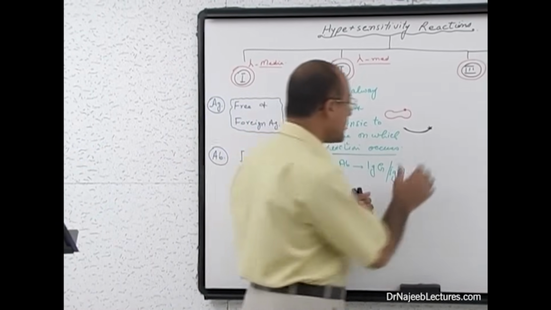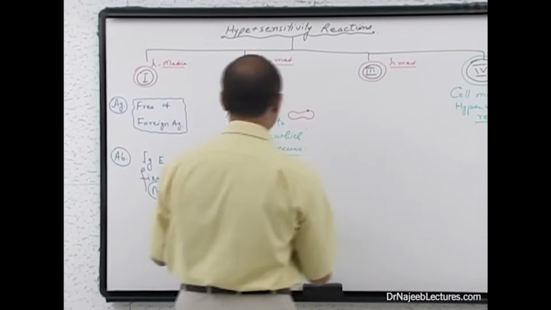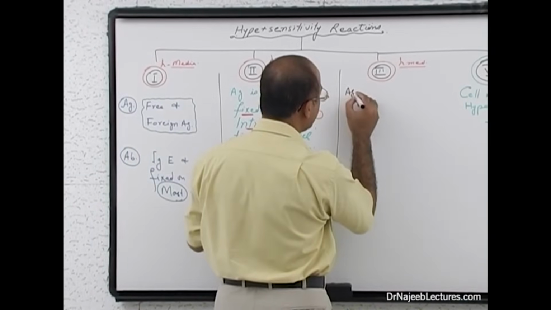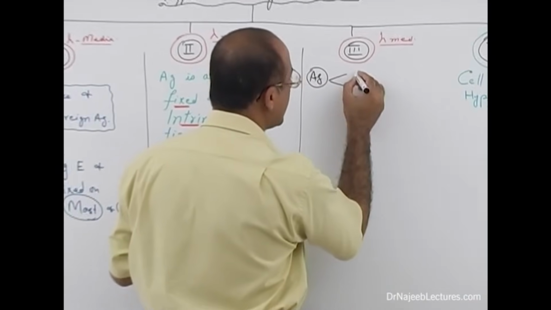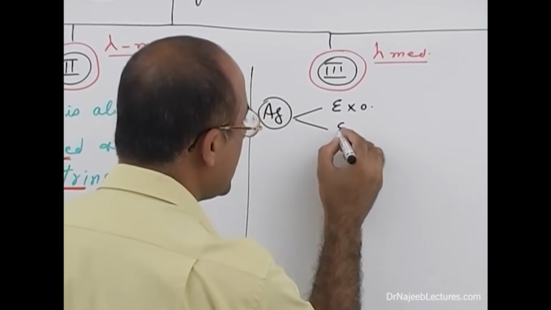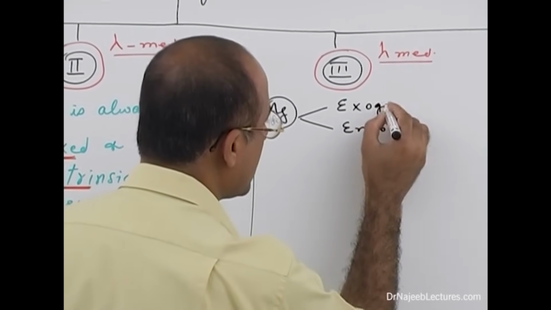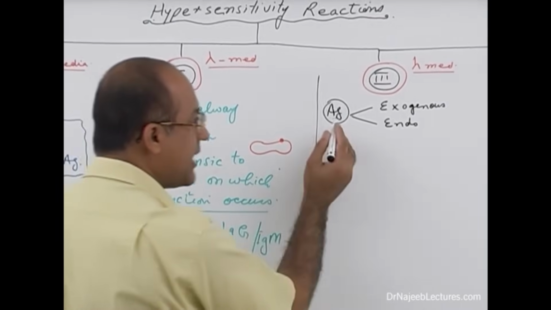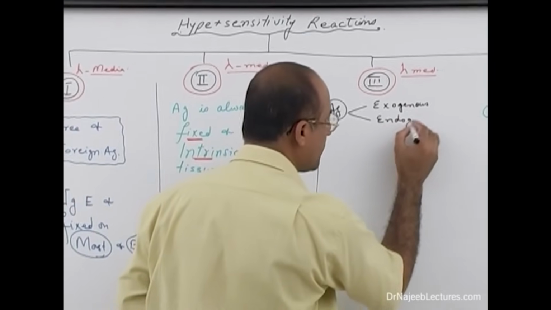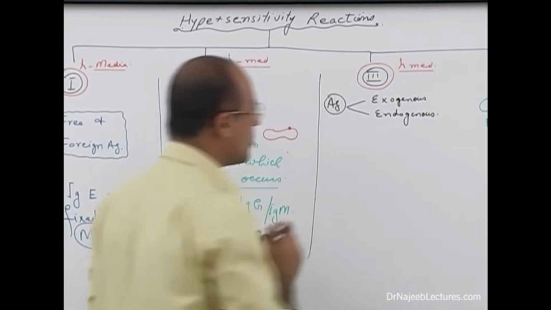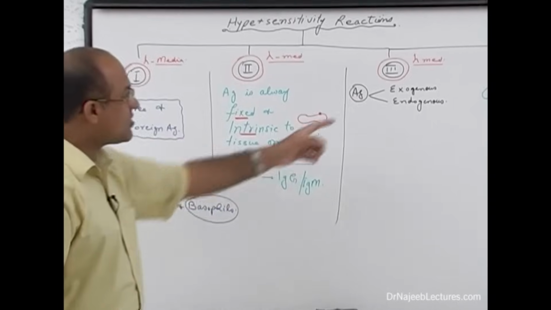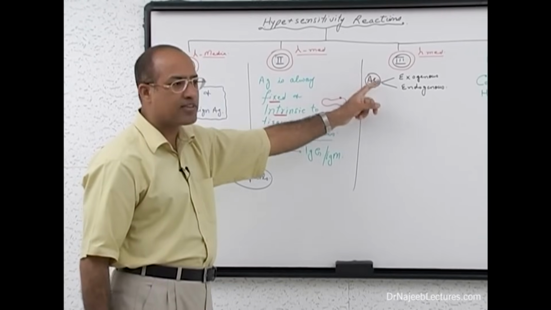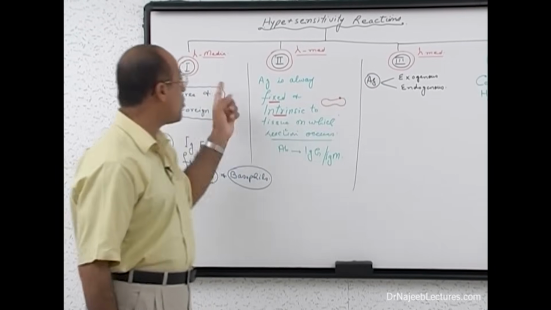Now we come to type 3 hypersensitivity reaction. In type 3 hypersensitivity reaction, the antigen may be extrinsic, exogenous, or it may be endogenous. Attention please, this point will not help us to differentiate type 3 from type 1 and 2.